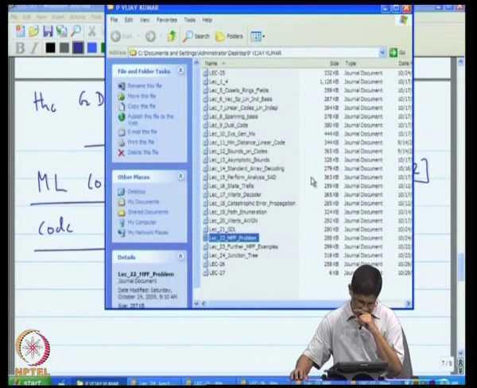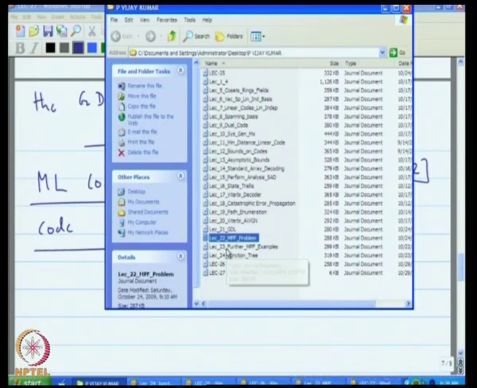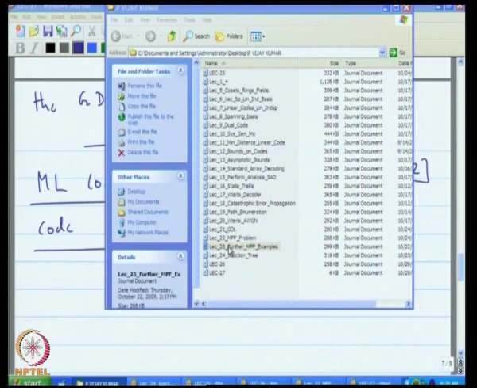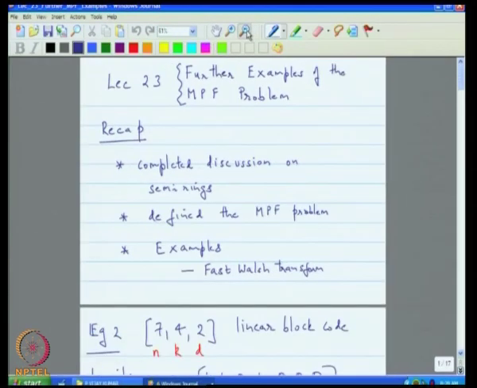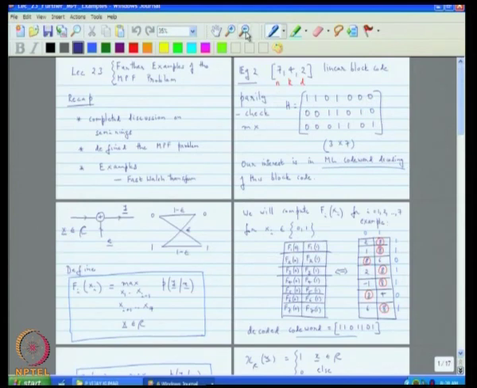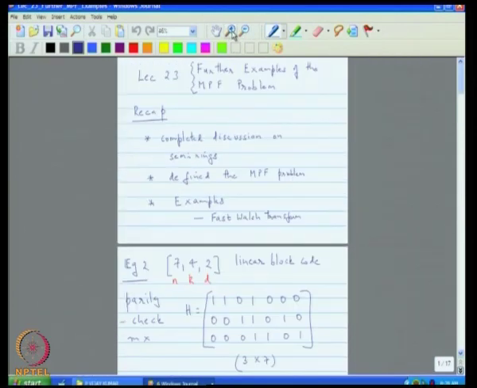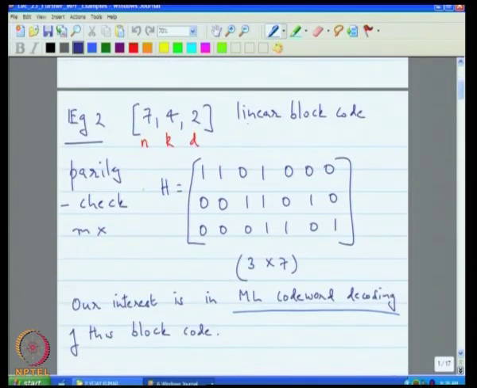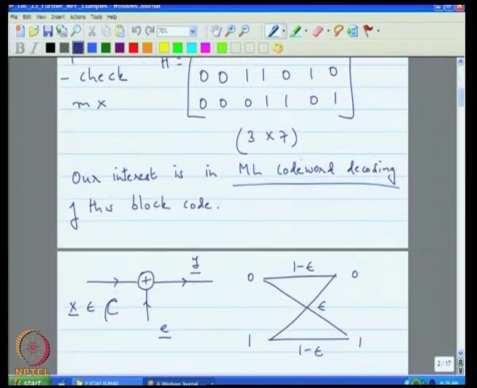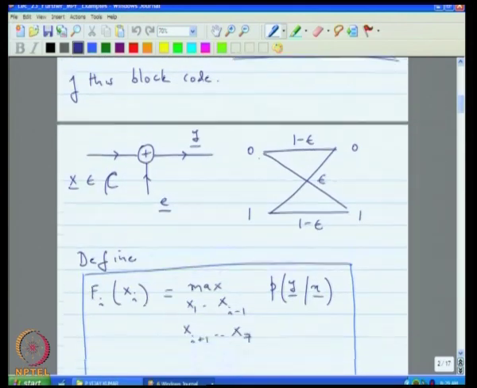So let me see if I can actually pull that up. Here we go. So, in our 23rd lecture, we had as an example this linear code, and our interest was in maximum likelihood code word decoding of this particular block code.